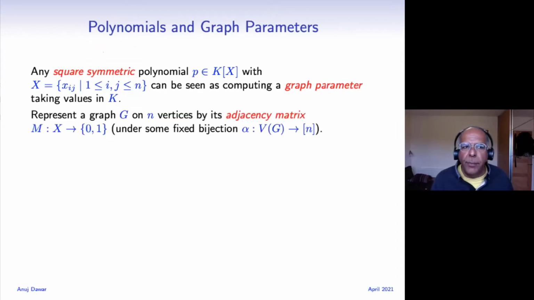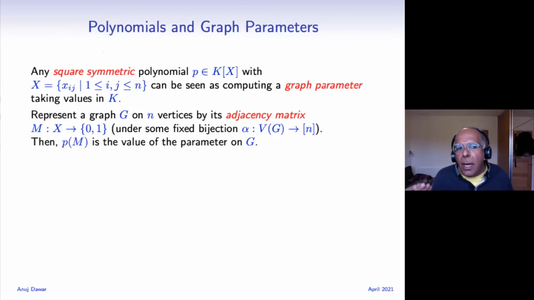So in other words, if you have a graph on n vertices, represented by its adjacency matrix, which we can think of as a function from X to {0, 1}, which is the same as saying we fix some bijection from the vertices of the graph to 1 through n, and that means we have an adjacency matrix. Then the value of this polynomial is some parameter of the graph.